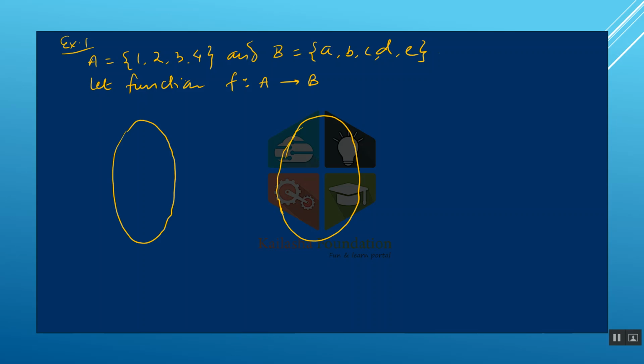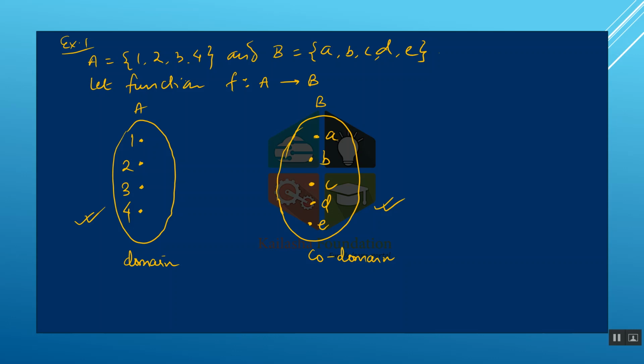So we present these like this: 1, 2, 3, 4, and a, b, c, d, e. This is A, this is B, this is the domain, this is the codomain, because this is the allowed set, this is the input set, this is the output set.